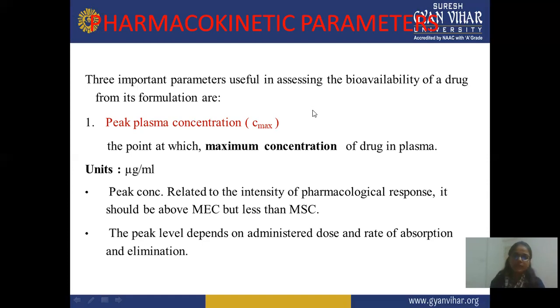Next, the peak level depends on the administered dose and the rates of absorption and elimination. It depends on different parameters and factors: which type of drug you administered, how much dose, such as 500 mg or 600 mg, which route you used for administration, and after administration the absorption and elimination rates.